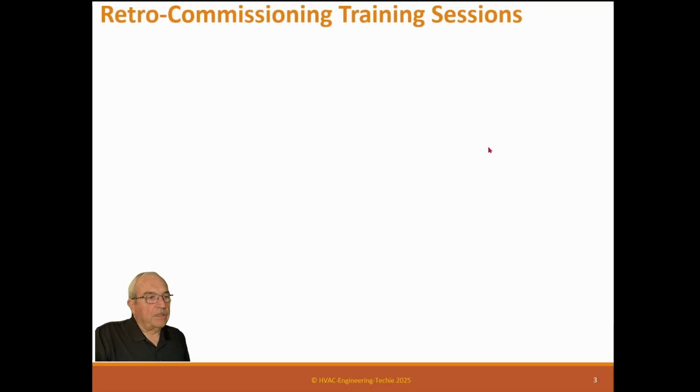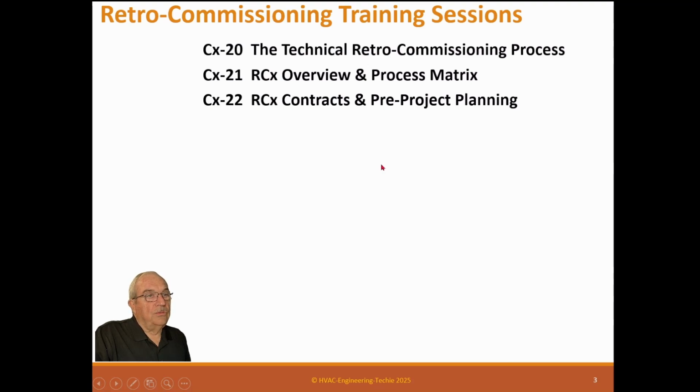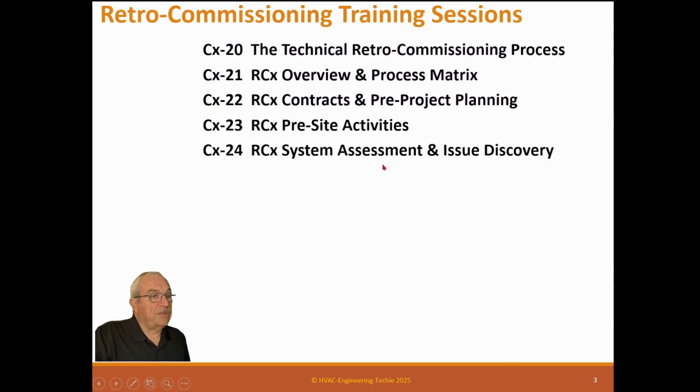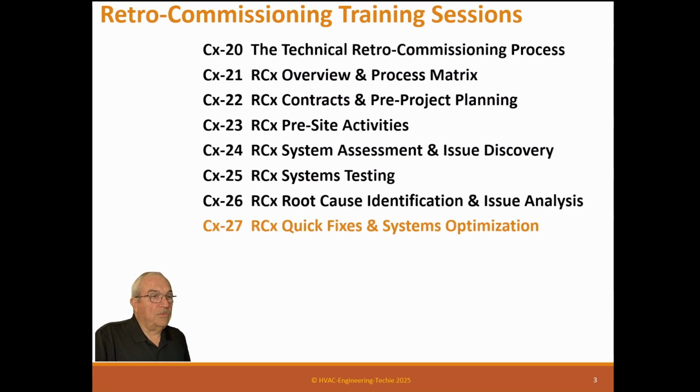Before we get started, we'll go through the videos that we have for these training modules. Cx-20 is the retro-commissioning process, 21 is the matrix. 22 is contracts and pre-project planning. 23 is pre-site activities. 24 is RCx system assessment and issue discovery. 25 is system testing. 26 is root cause identification and issue analysis. 27, this video, is quick fixes and system optimization.